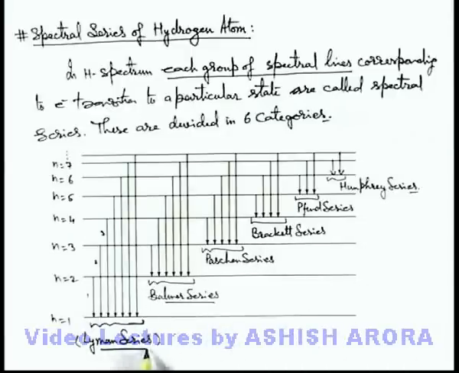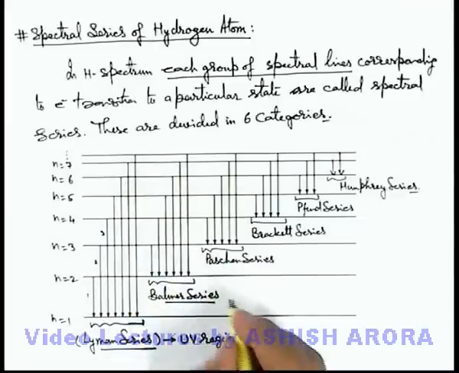Here, in the Lyman series, the energy differences emitted while de-excitation of the electron are of the range of ultraviolet energy. So Lyman series is found to be in the ultraviolet region of the spectrum.